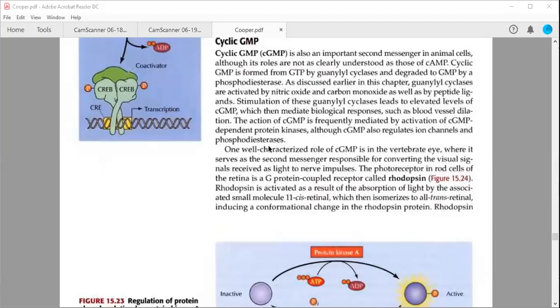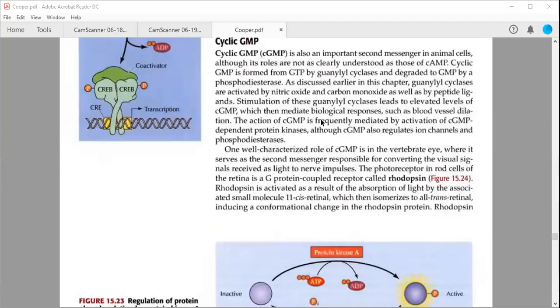The phosphodiesterase enzyme degrades your cyclic GMP when it is not required, so it is broken down. Cyclic GMP concentration in the cytosol will decrease, and thus signal transduction will happen.